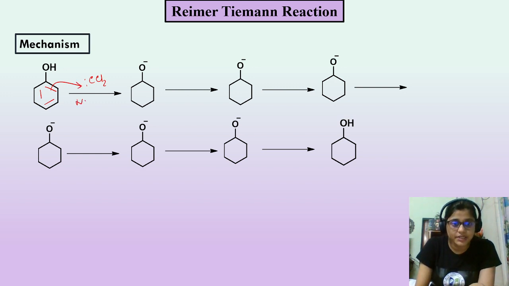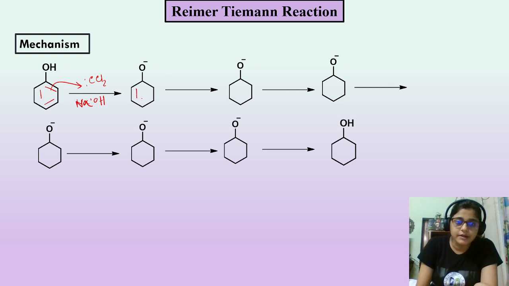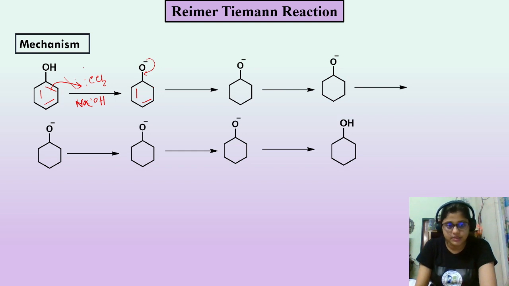This is a NaOH medium, so it will be stable in the O minus form. The negative charge will go this way and this will attack this. Here no attack, just remove it. I will show the attack here.